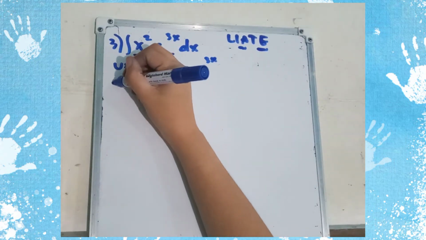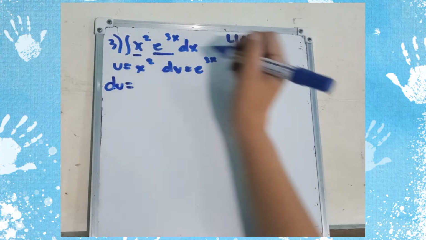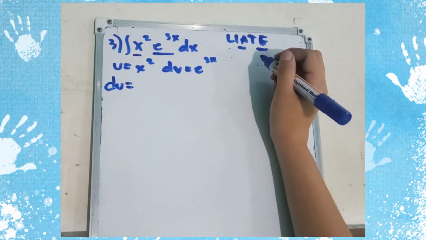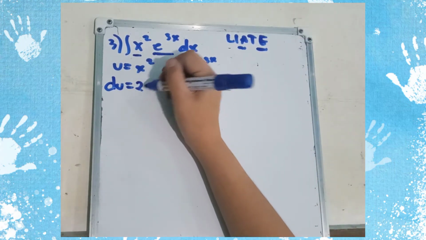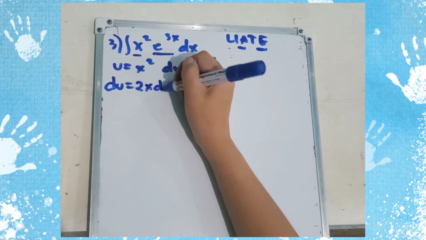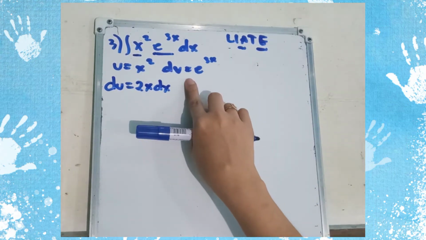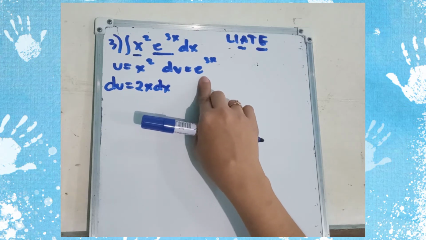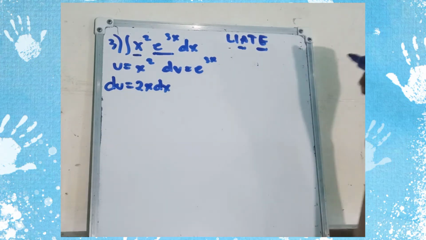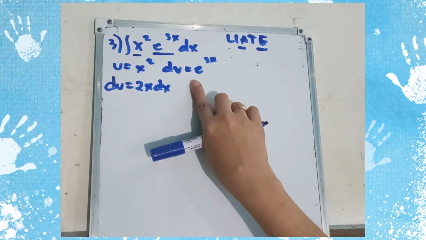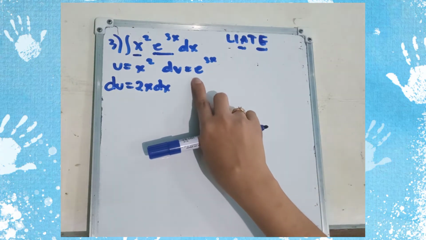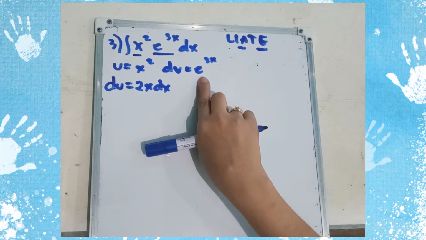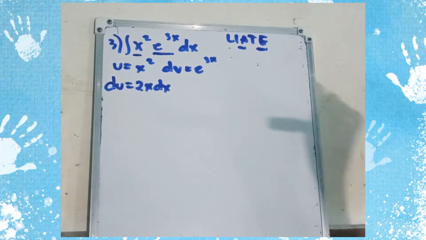Now the derivative of u, or x squared, is 2x dx. Then for the integral of dv, we do not have a direct formula, so we first need to use substitution.